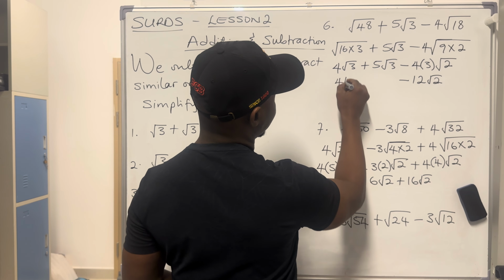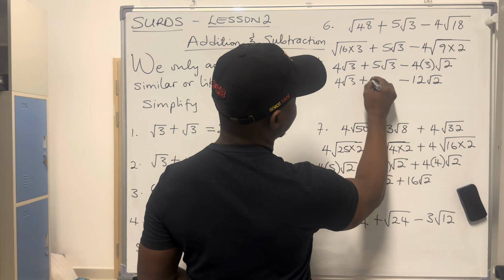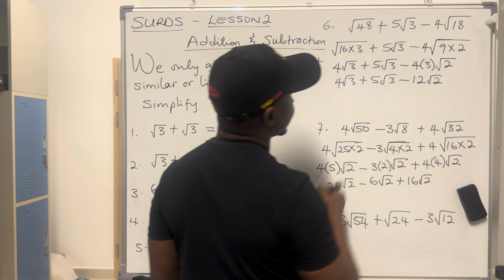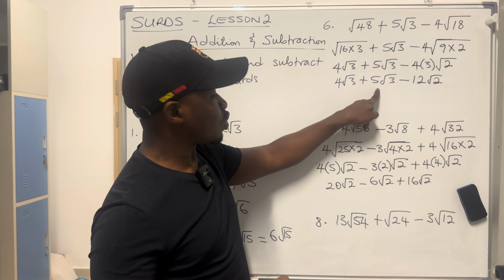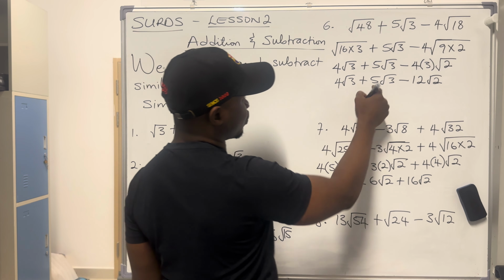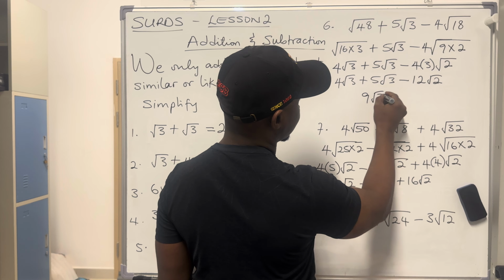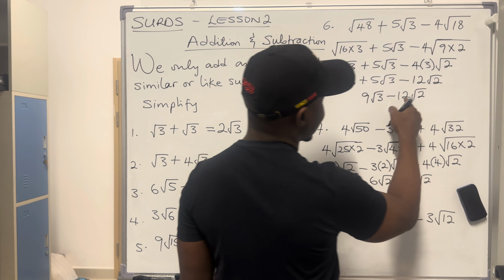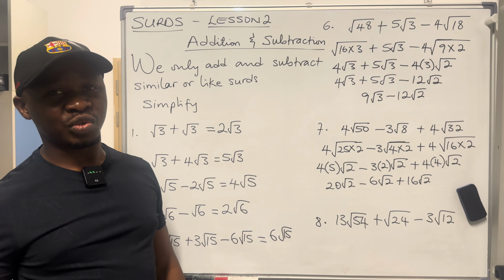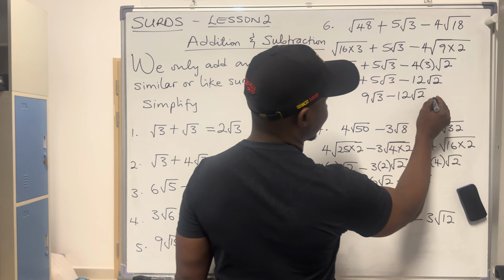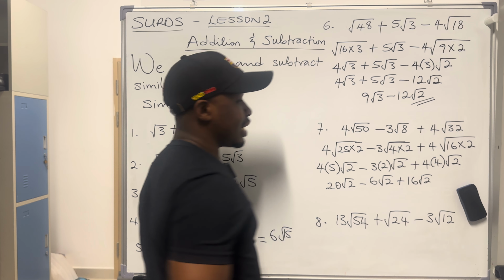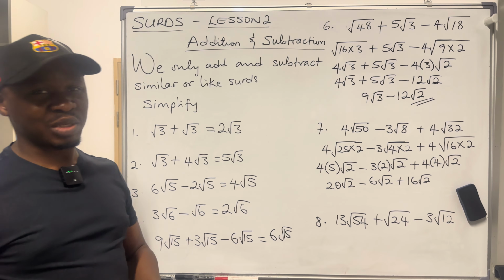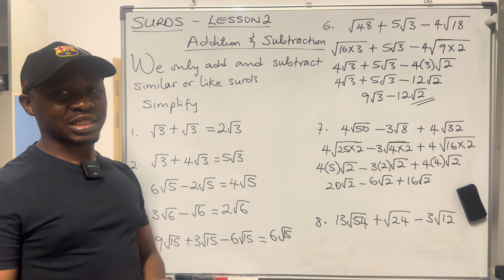This is 4 root 3 plus 5 root 3, so these two can be added. 4 plus 5 is 9 root 3 minus 12 root 2. Can we go further? No, we cannot continue. That is the result, because these are unlike surds.